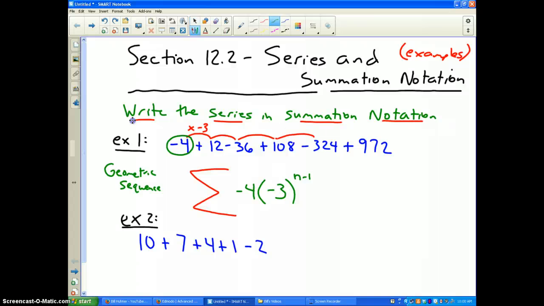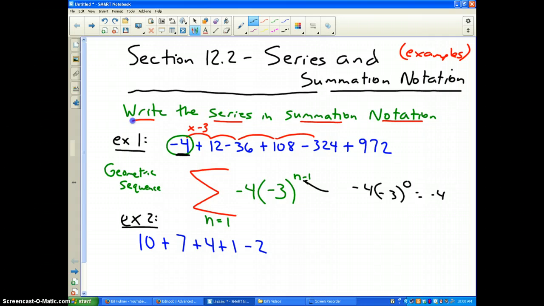Now, underneath and above the summation symbol, I need to write what n goes from. And almost always, n will start at 1, because if I put 1 in there for n, 1 minus 1 is 0, and -3 to the 0 power is 1, times -4 is equal to -4, which is actually the first number in our series.